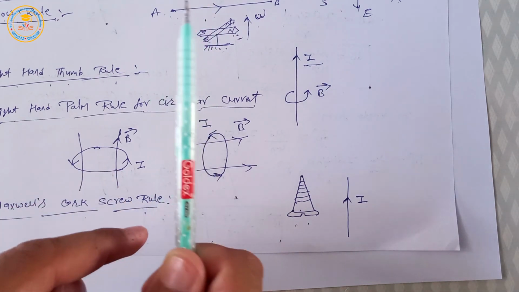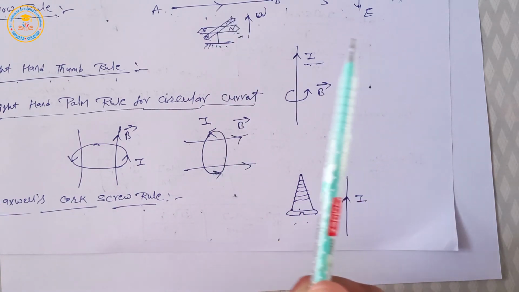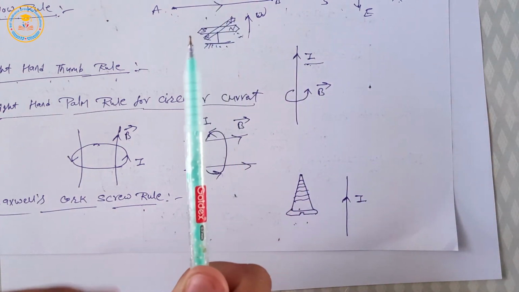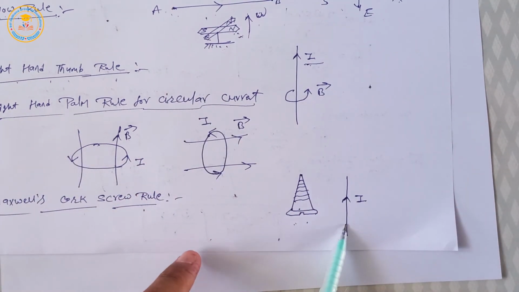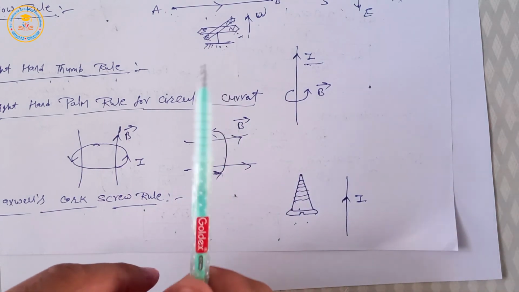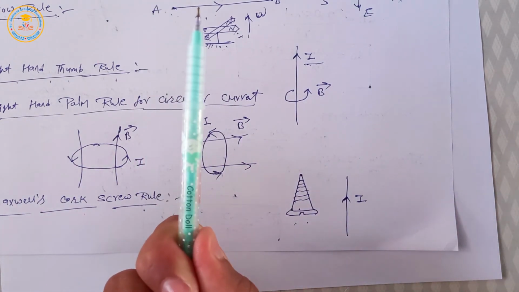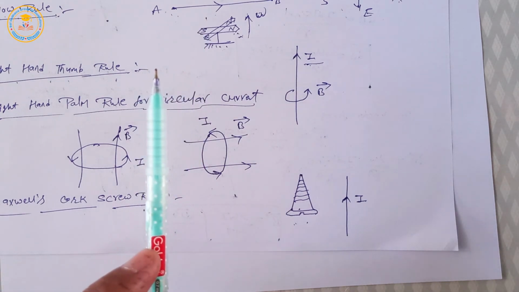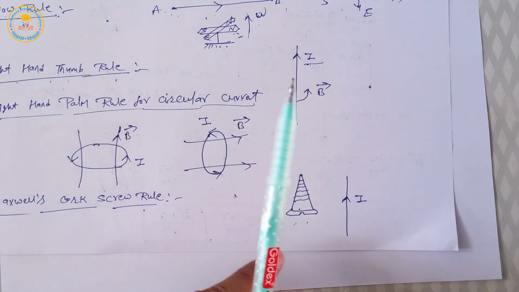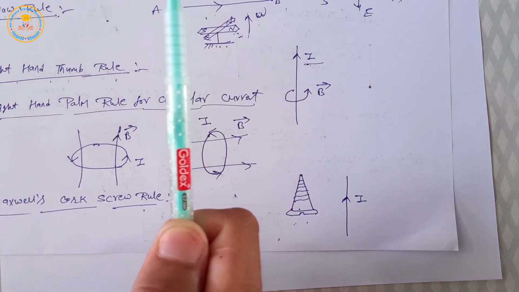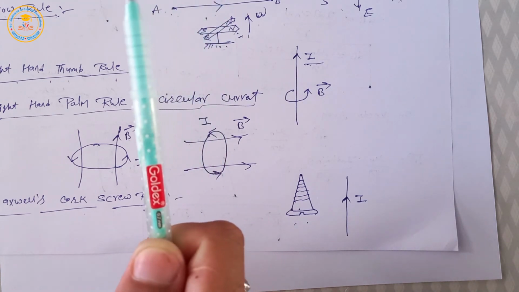Okay, then according to this rule, if this cork screw is turned in such a way that this screw goes ahead in the direction of current, meaning the direction of current is in the upward direction, then we should turn this screw in this direction. Then this screw goes ahead in the direction of current. Then the direction of rotation of the screw represents the direction of magnetic field.